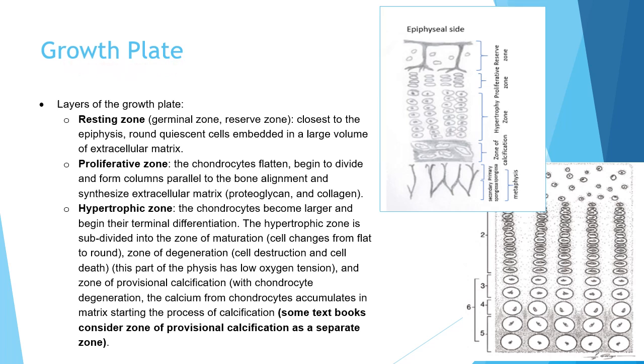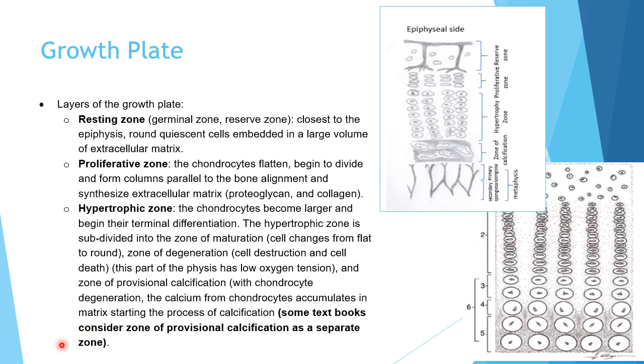The growth plate is divided into three main zones: resting zone, sometimes called reserve zone or germinal zone. The second zone is the proliferative zone. The third one is the hypertrophic zone. And the hypertrophic zone is further subdivided into zone of maturation, zone of degeneration, and zone of provisional calcification.